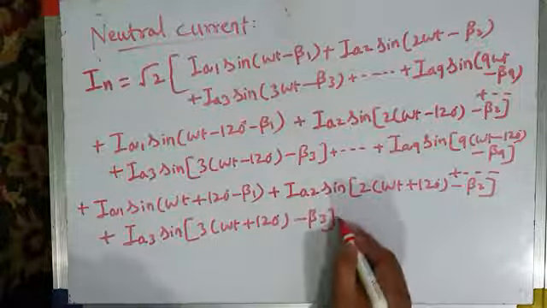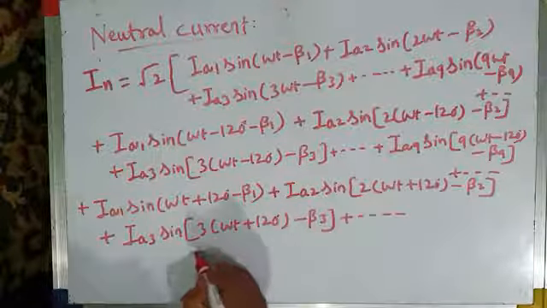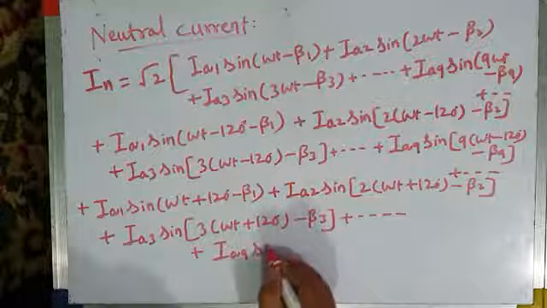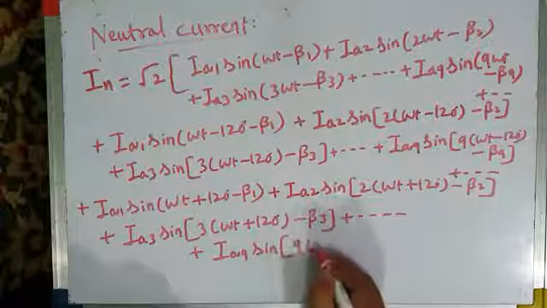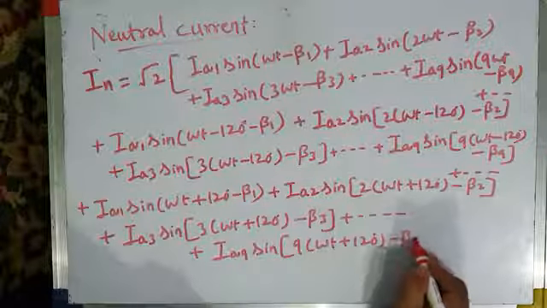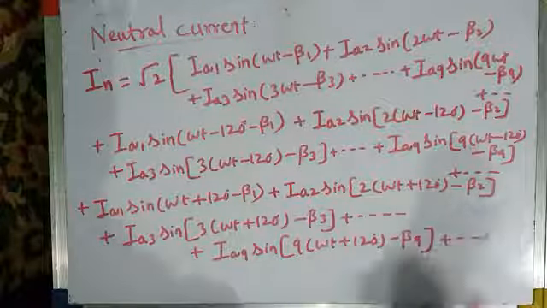You can continue like this, plus so on, plus let us say ninth harmonic component IA9 sine of 9 times omega t plus 120 degrees minus beta 9 and plus so on.